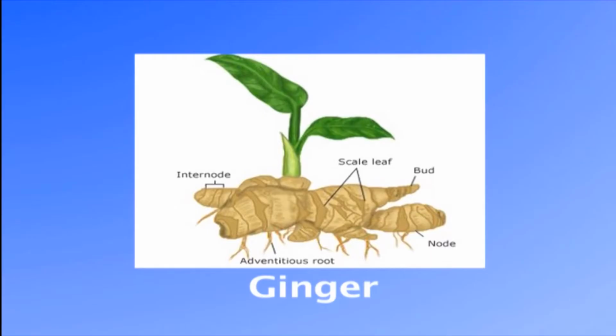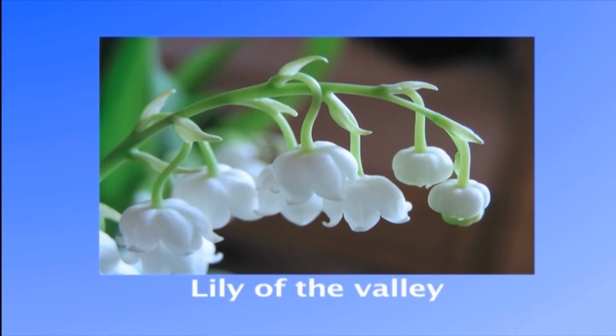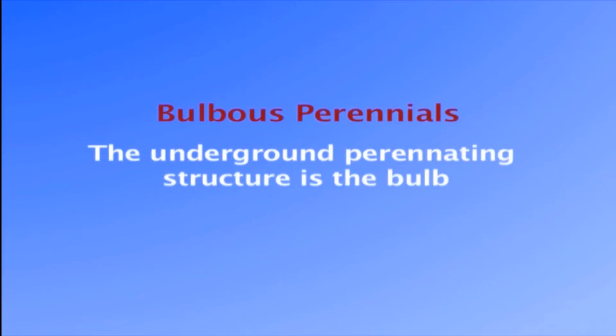The examples of rhizomatous perennials are ginger, irises, lily of the valley, etc. Another type of herbaceous perennials are the bulbous perennials. The plants having an underground modified shoot or bulb as a perinating structure are called bulbous plants or bulbous perennials.